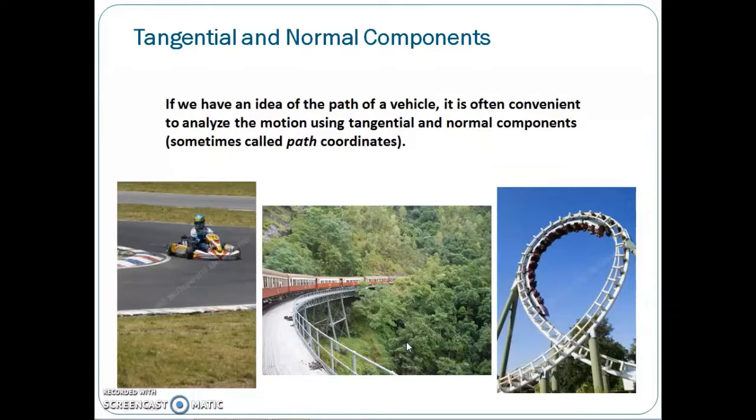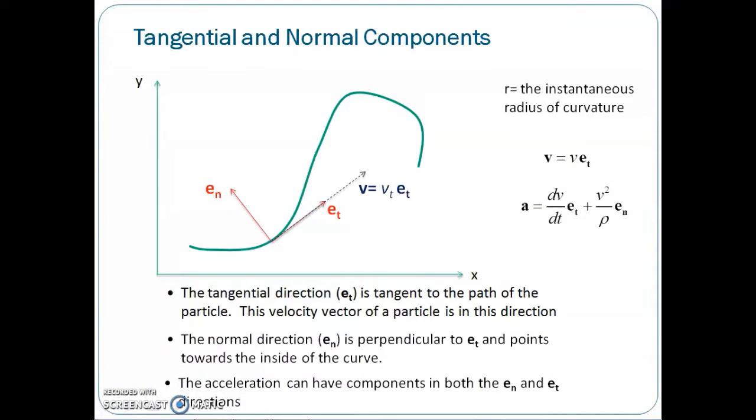So let's have a look at how to determine the curvilinear motion of particles in terms of tangential and normal components. First, let's consider a particle which moves along a curve contained in the plane of the figure, the xy plane. The tangential direction ET is tangent to the path of the particle. We note that the velocity vector of the particle is in this direction.